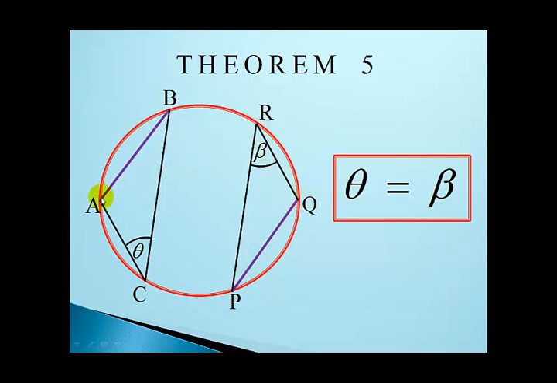If the length of chord AB is equal to the length of chord PQ, then the angle theta is equal to the angle beta. So theta is equal to beta, according to theorem 5.